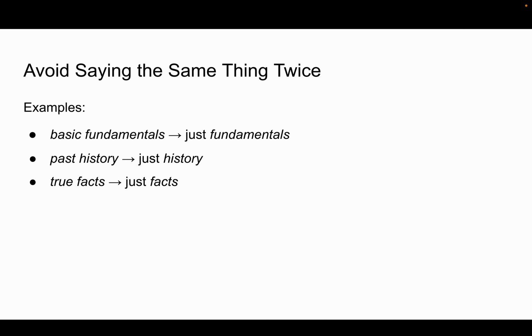You don't need to say past history. The history is already the past, so history on its own is already concise. True facts is another one. Facts are, by definition, what is true, so saying true facts is just an extra word. It's a redundancy. Collaborate together: by collaborating, it already means you're working together, so collaborate on its own is enough. Again, if both words mean the same thing, just drop one.